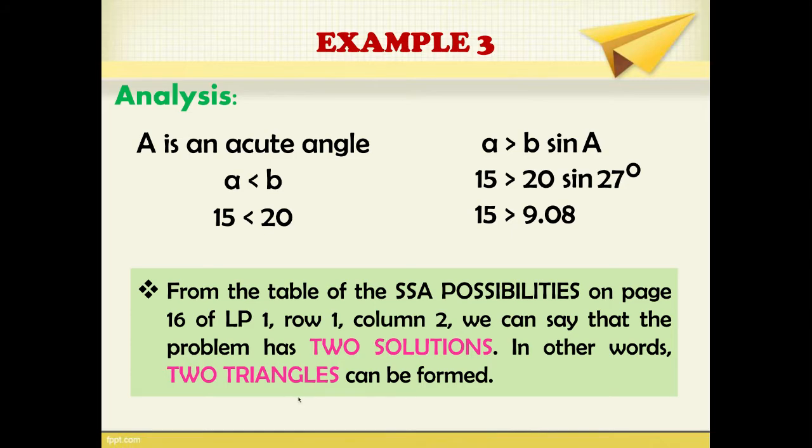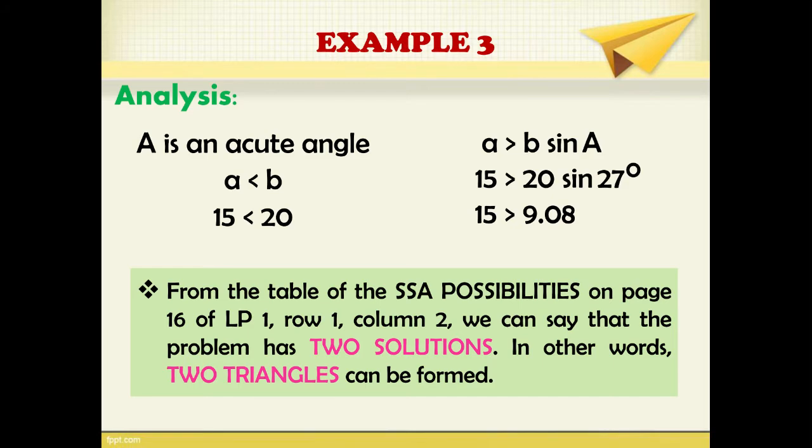Triangle 1 will have the original given parts, which are side a, side b, and angle A, plus the parts that we need to solve, and those are side c, angle B, and angle C. For triangle 2, its parts will be, of course, the original given parts, plus the missing parts, which we will have to solve. The missing parts of triangle 2 are side c prime, angle B prime, and angle C prime.